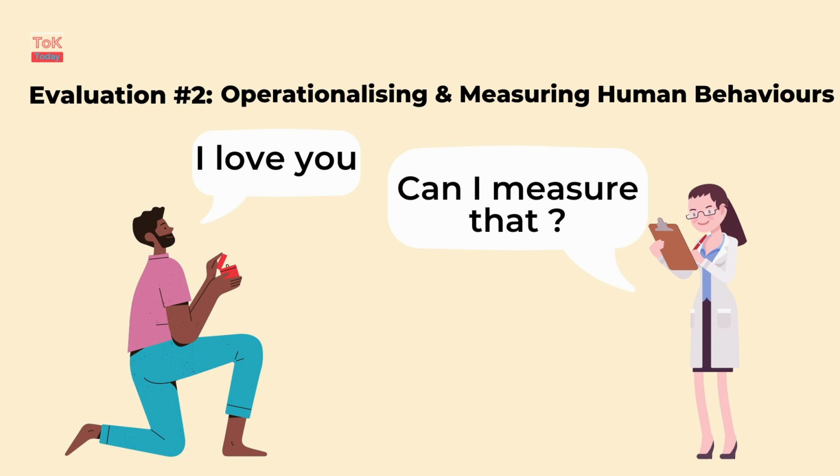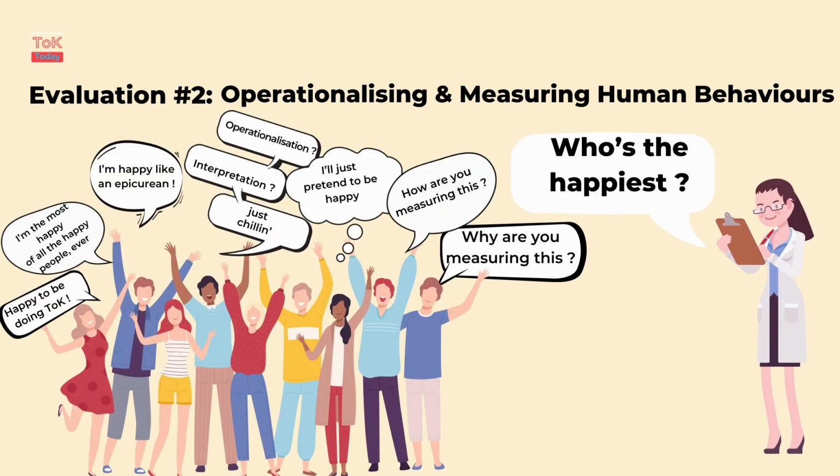Human emotions are complex and multifaceted, making them difficult to quantify accurately. Researchers must create operational definitions that translate abstract concepts into measurable variables. For example, defining and measuring happiness might involve self-report surveys, physiological measures, or behavioural observations.